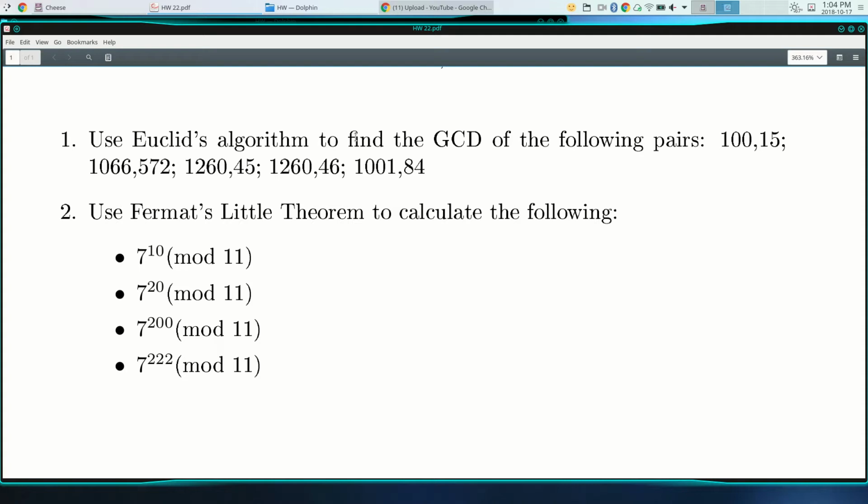Because this is 7 to the 200. Oh, yeah. So you use your 7 to the 20. Yeah, this times this would actually be 7 to the 30th. Right? Oh, yeah.